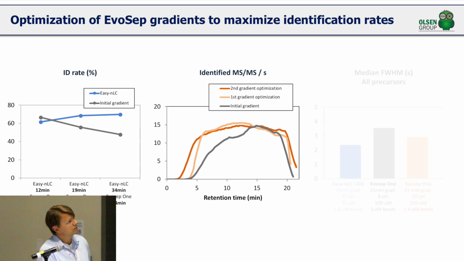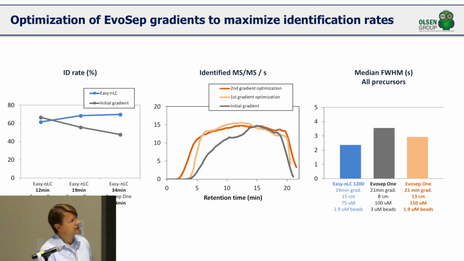That also nicely translates into sharper peaks. The median full width at half maximum of all the precursors is also getting into the range of what we normally see on the Easy-nLC system.